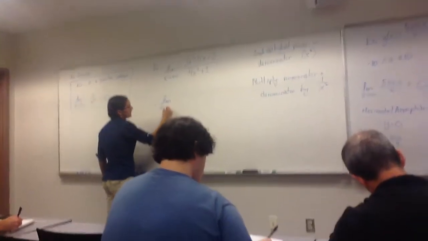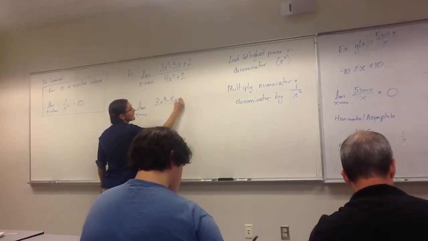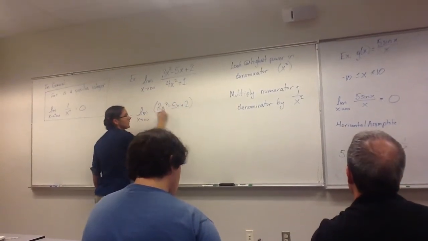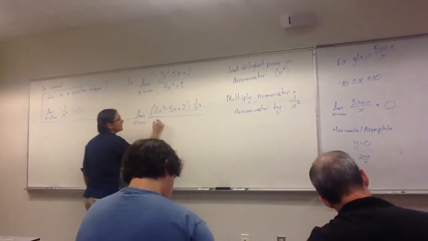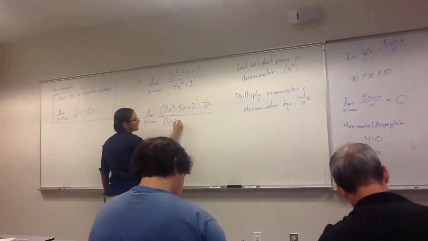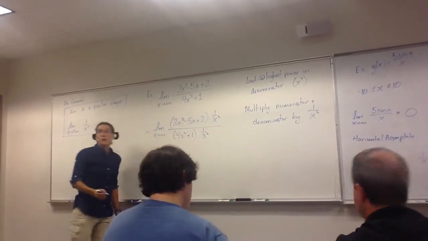So I've got the limit as x approaches infinity of 3x squared minus 5x plus 2 times 1 over x squared over 4x squared plus 1 times 1 over x squared.